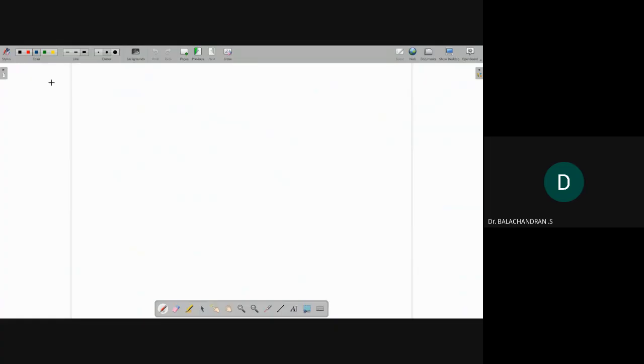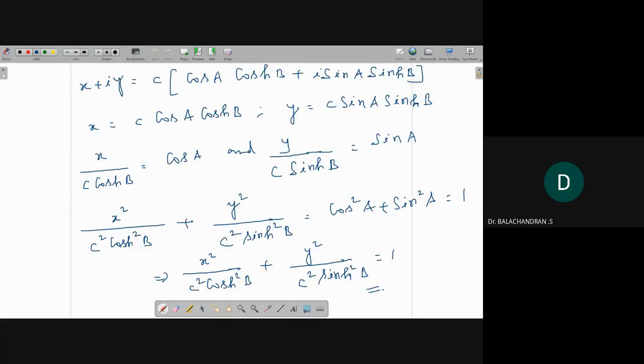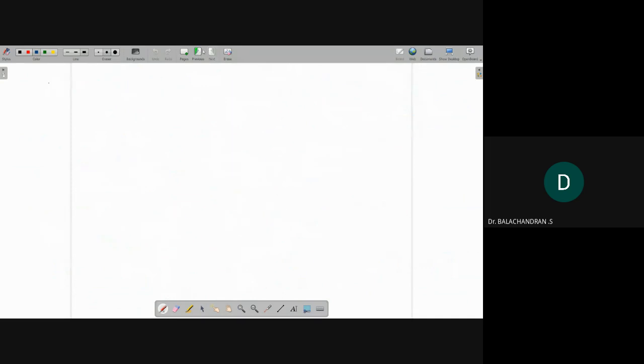So prove that (1 plus tan hx) divided by (1 minus tan hx) equal to cos h2x plus sin h2x.